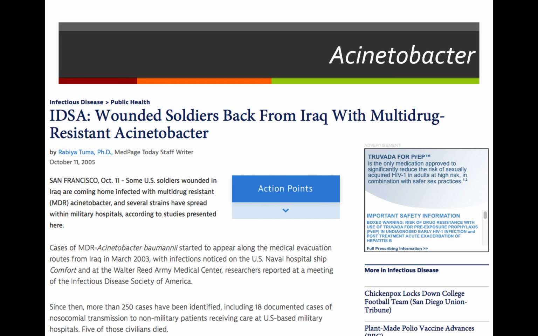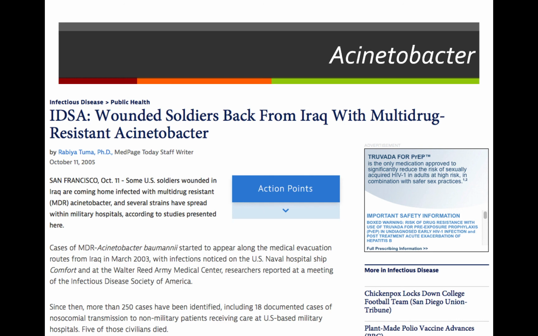So basically what you're looking at is along this whole route of soldiers being evacuated from Iraq or Afghanistan, they are often being pumped full of antibiotics. They're being exposed to other organisms because they're in hospital transport, they're in hospitals, they're on a base. And so it's this perfect breeding ground to now confer antibiotic resistance to this bacterium.